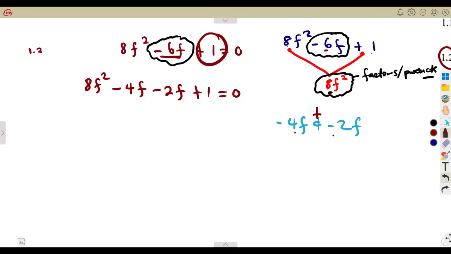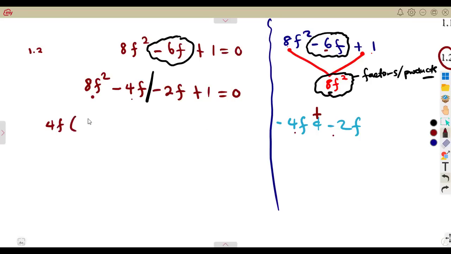This is going to remain as it is. So now we can apply our factorization. Remember, by grouping, since we've got 4 terms, 1, 2, 3, 4, you can apply by grouping. Group into 2, then you factor out the highest common factor. Between these 2 terms, we've got 4f as our highest common factor there.